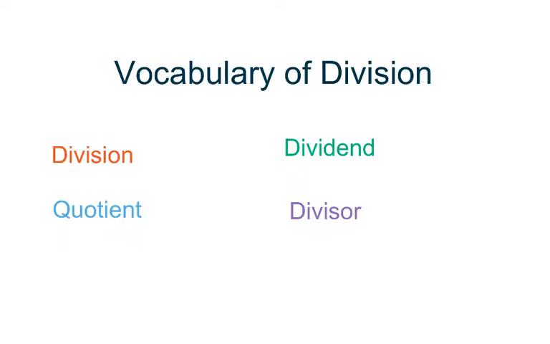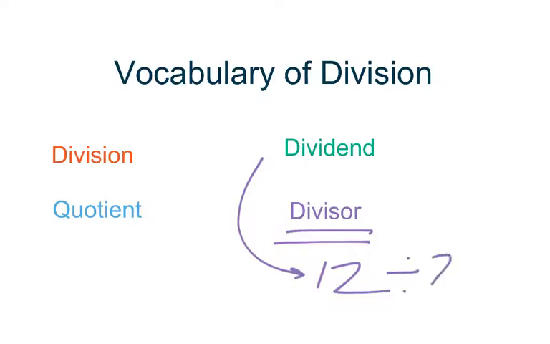And the last vocabulary word we're going to talk about today is the divisor. That talks about how many groups we're dividing into. So for example, if I have 12 items, that's my dividend. My divisor is 2. That means how many groups we have.